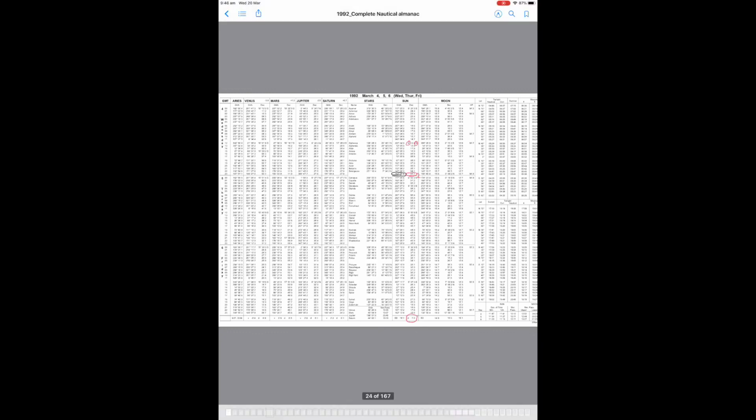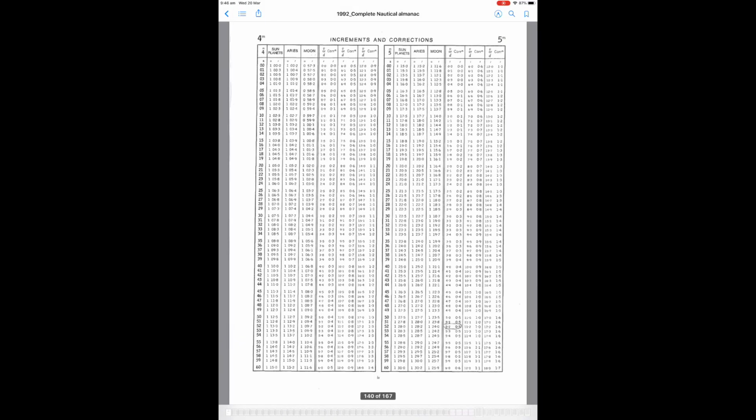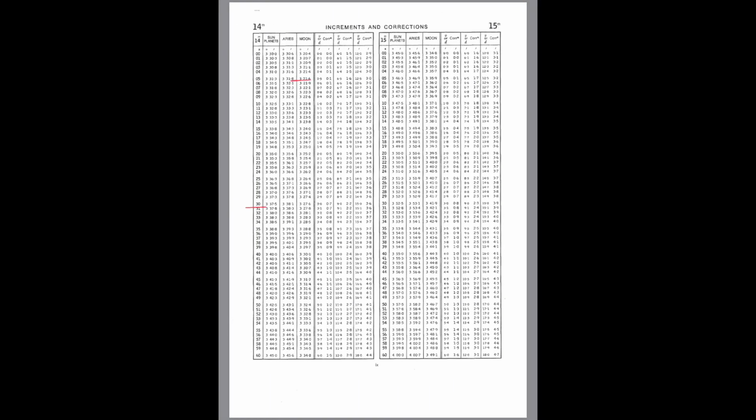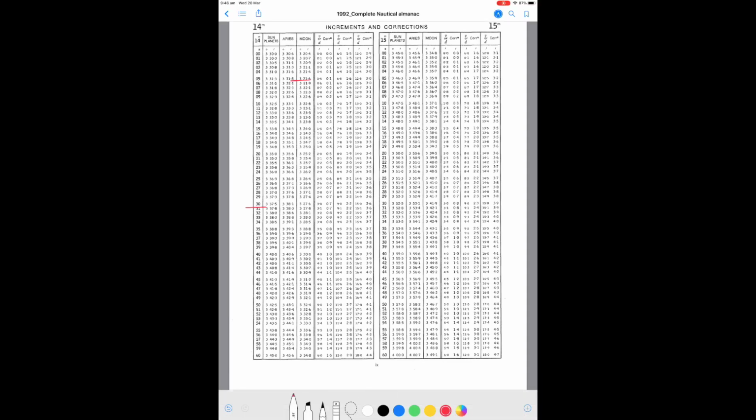Going into the increments page for 14 minutes and 44 seconds, you can see the increment here. For a D value of 1, you get a correction of 0.2. This 0.2 is what you will subtract.